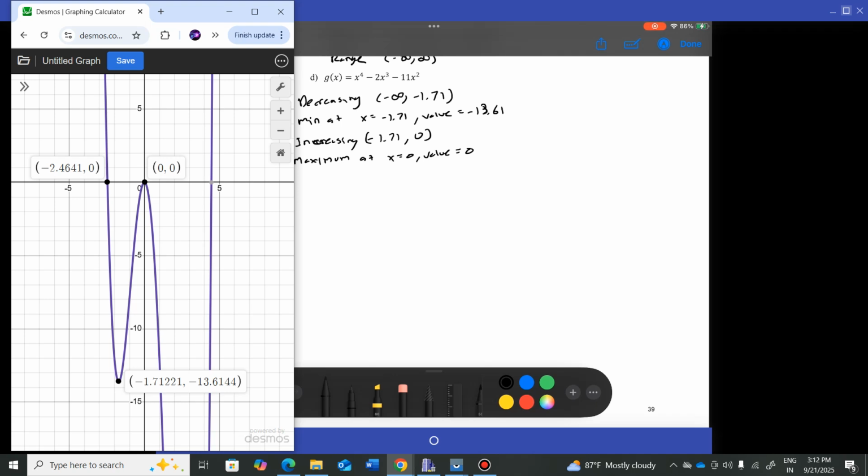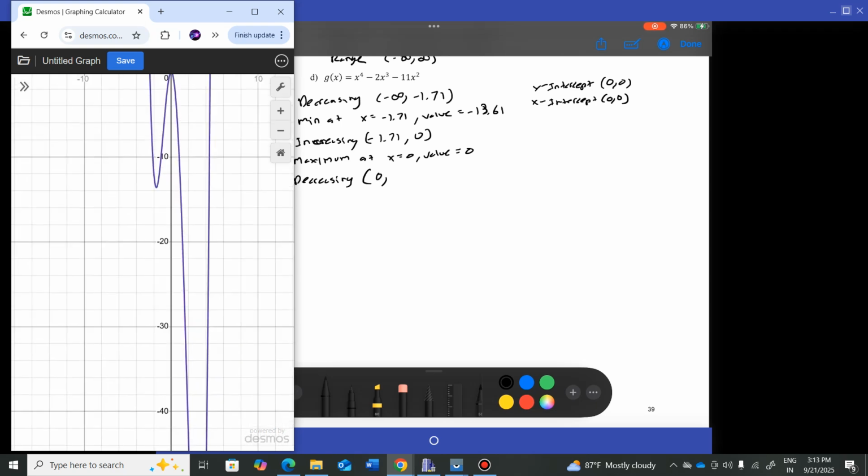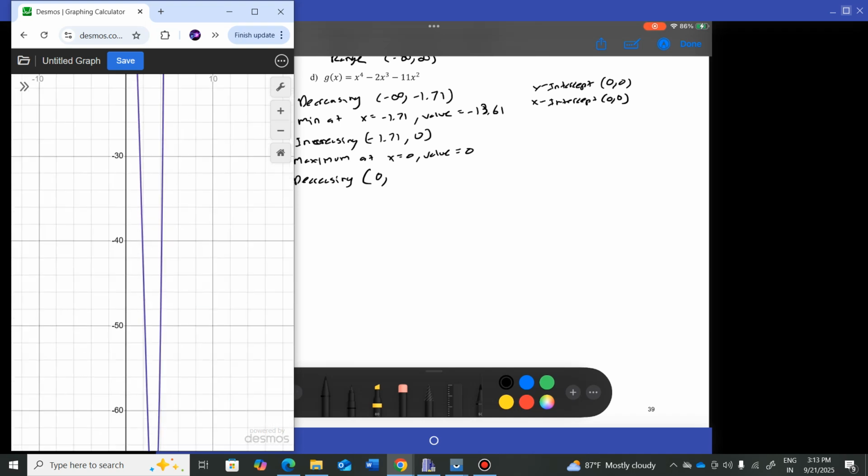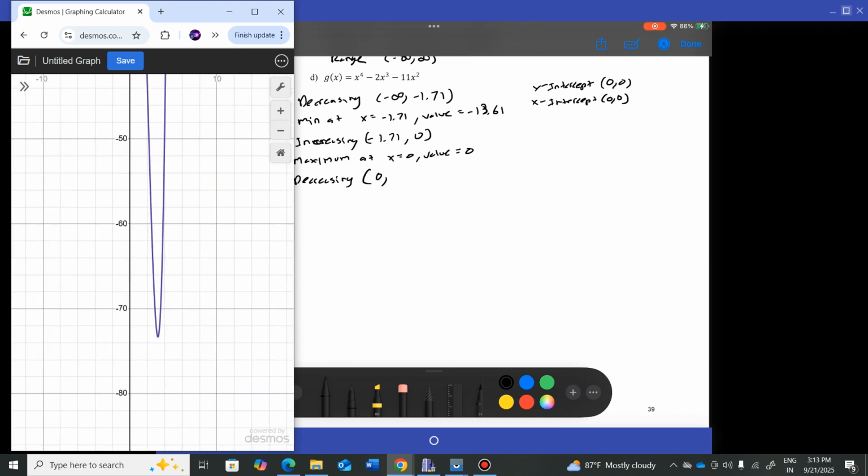There's also your y-intercept, and an x-intercept as well. And then afterwards it's decreasing from 0, and that's where we have to scroll down to get the other point, to 3.21.